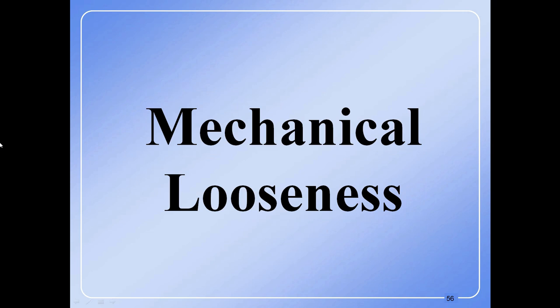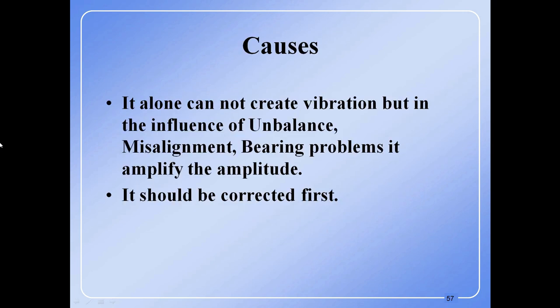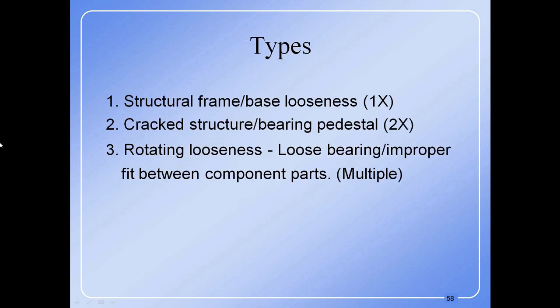Mechanical looseness. It cannot create vibration by itself, but under the influence of unbalance, misalignment or bearing problems, it amplifies the amplitude. It should be corrected first. Types: structural frame or base looseness, treated as 1x. If you get 2x, it means a cracked structure or bearing pedestal.